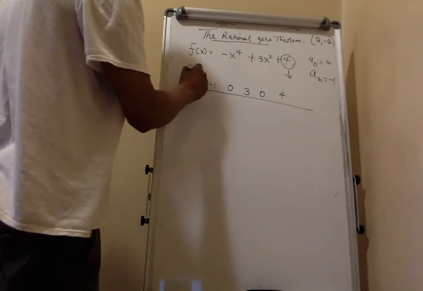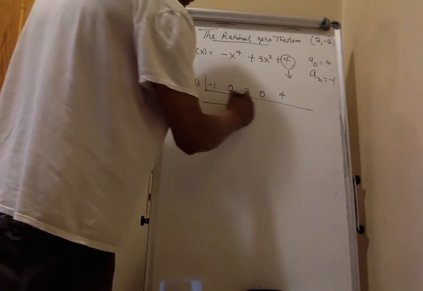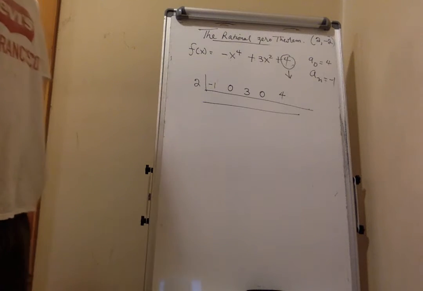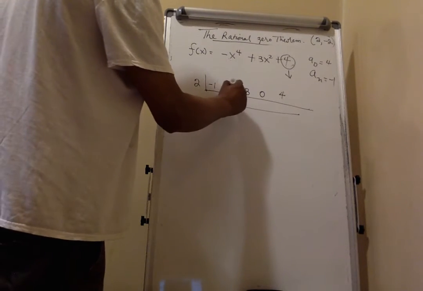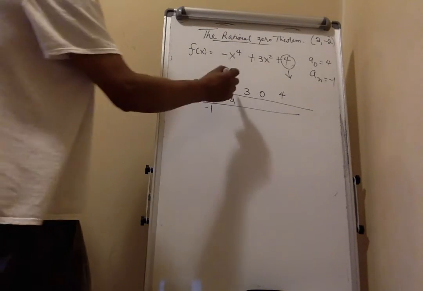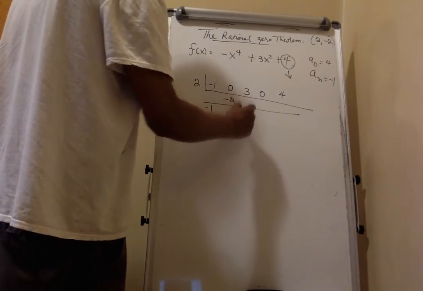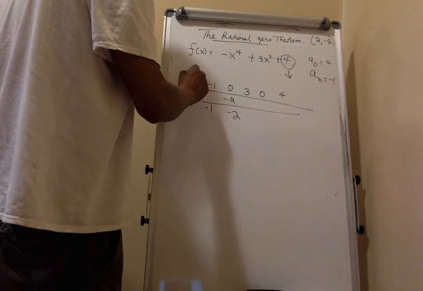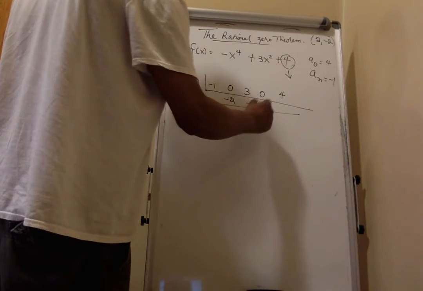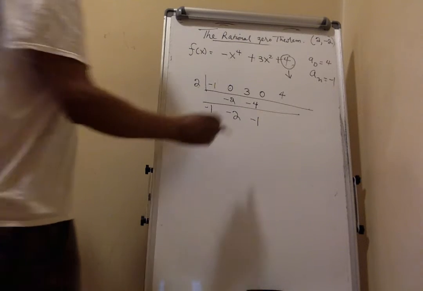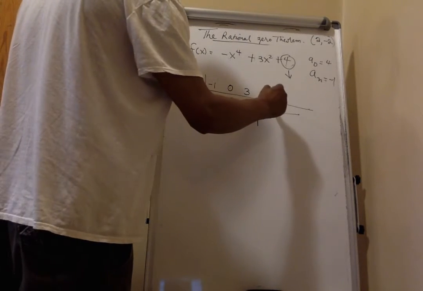Plug 2 here, and let's use the synthetic division. Drop down negative 1. Negative 1 times 2 is negative 2. 0 plus negative 2 is negative 2. Negative 2 times 2 is negative 4. 3 plus negative 4 is negative 1. Negative 1 times 2 is negative 2.